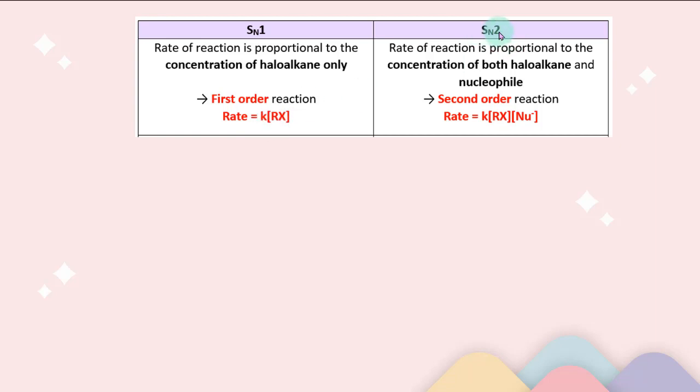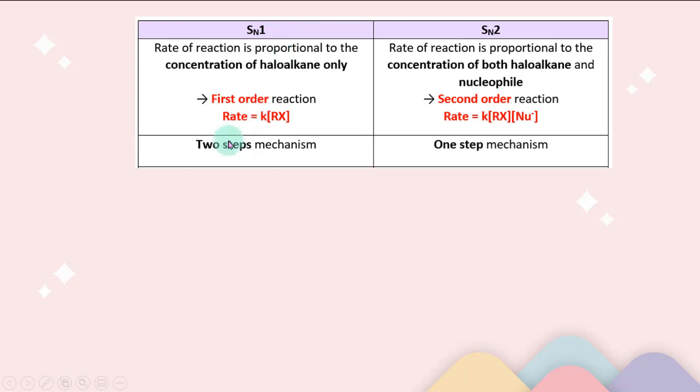For SN2 mechanism, the rate of reaction is proportional to the concentrations of both haloalkane and nucleophile. So this is a second order reaction, in which the rate law is rate equals k[haloalkane] raised to power 1, [nucleophile] raised to power 1. SN1 is a two-step mechanism, while SN2 is a one-step mechanism.